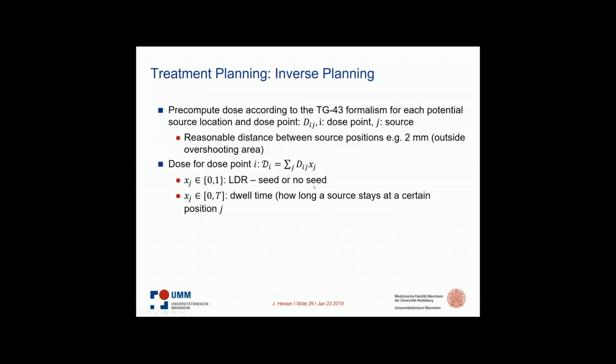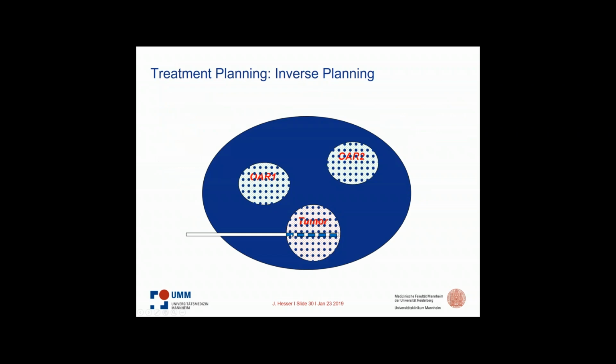So now what we can do in the inverse treatment planning process is to pre-compute the dose according to the TG-43 formalism. What does it mean? We know, because of the definition, where the sources or dwell positions are and where the potential irradiation points are, and for each of these points we compute how much dose, for maybe unit time, is deposited in each of these dose points.